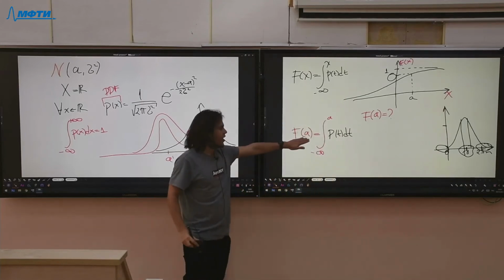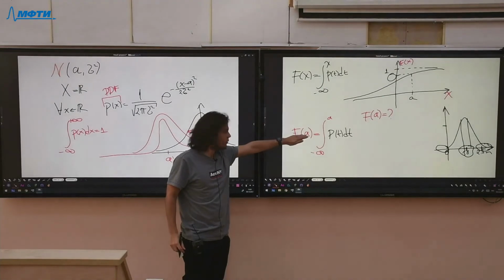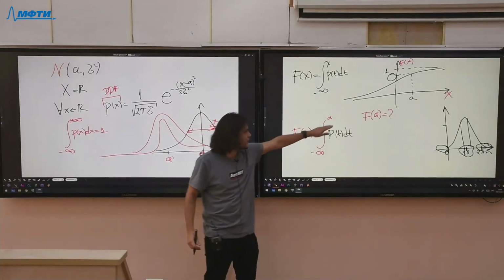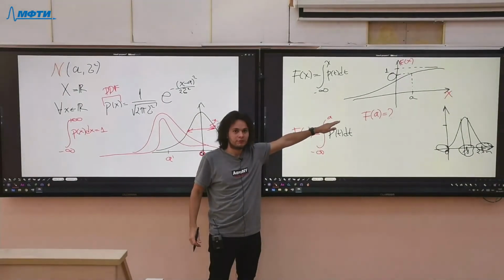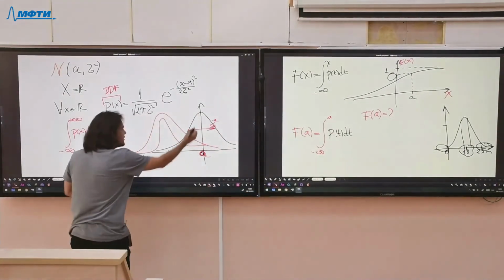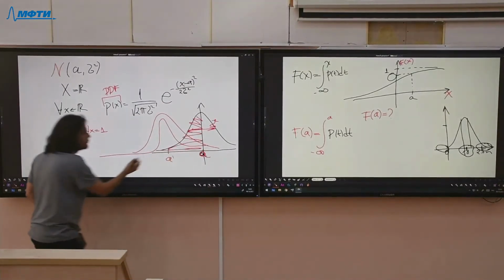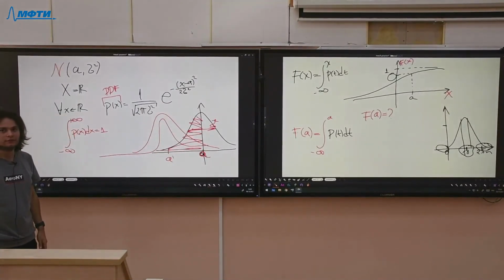So F of A is the probability that the random variable is between minus infinity and A. So it's all this area. Well, this is equal to what? This area.